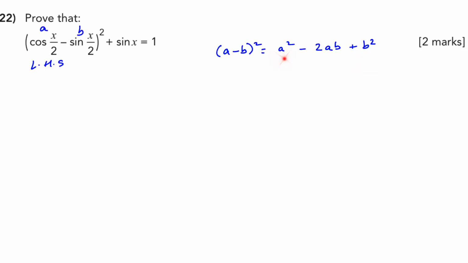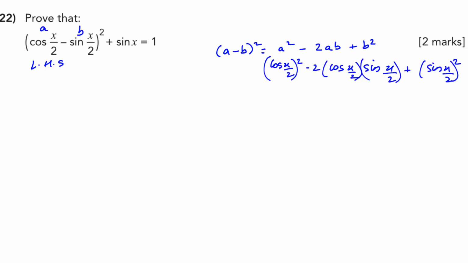We know that our a is cos x over 2, so we will substitute a with cos x over 2 and b with sin x over 2. When we do that, this is what we will get. Cos bracket x over 2 square means cos square x over 2, and this I arranged, put the sign first and cos after.